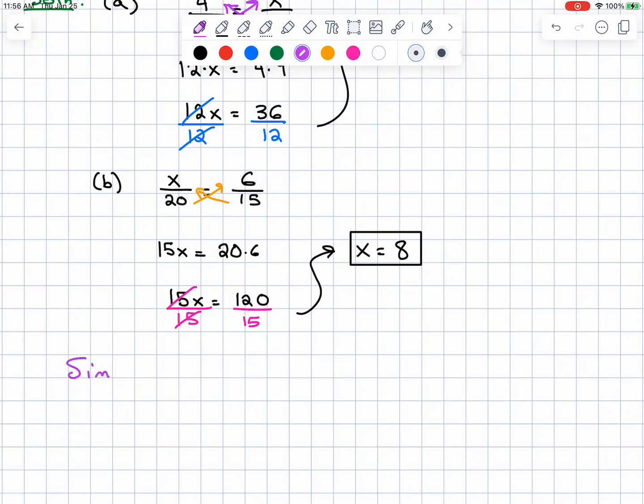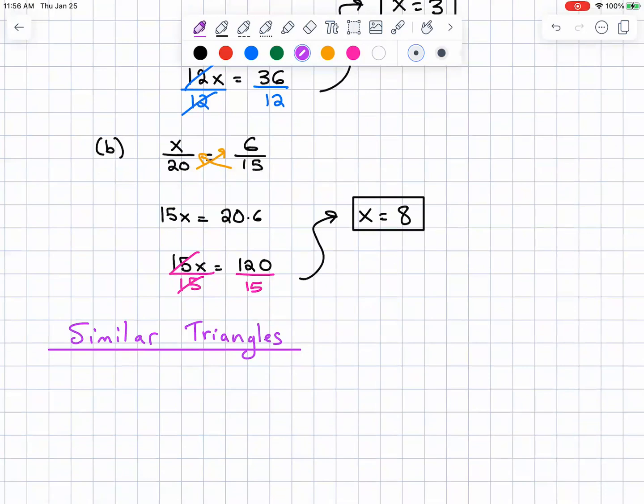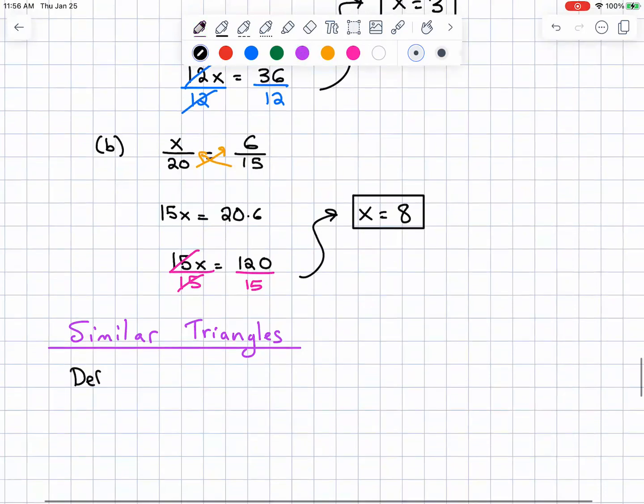Similar triangles. The reason we're talking about proportional relationships is to talk about similar triangles. So, similar triangles, the definition.